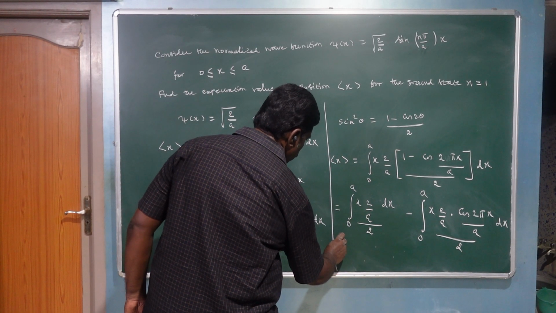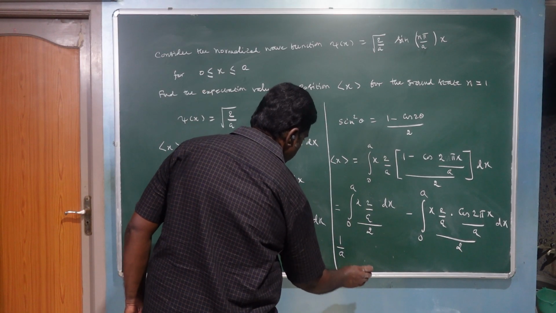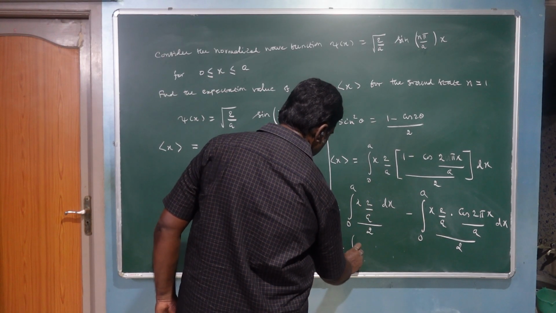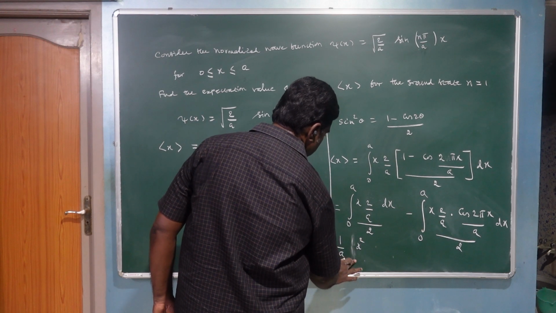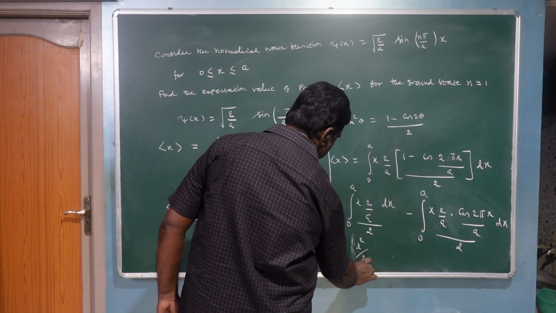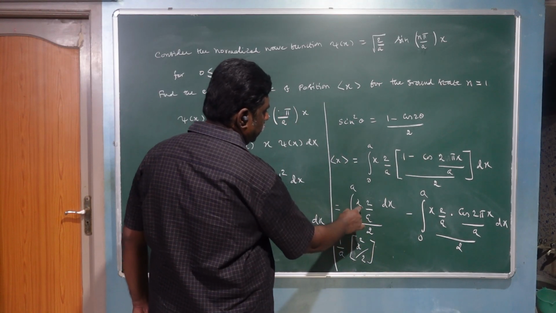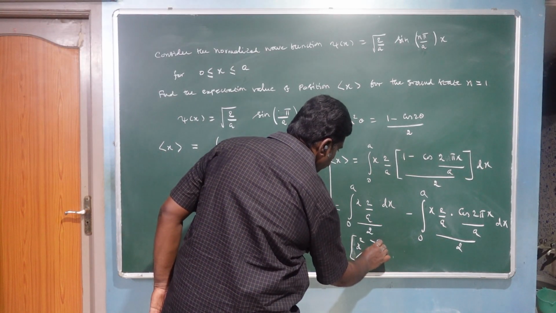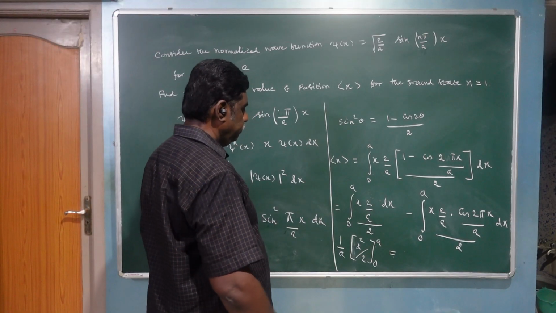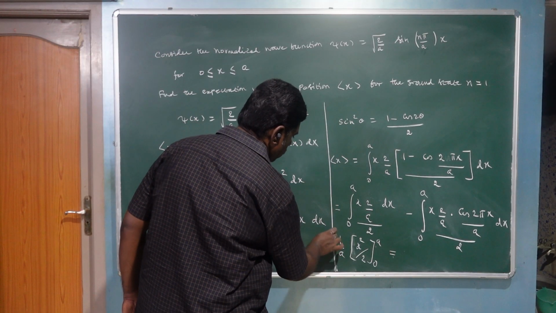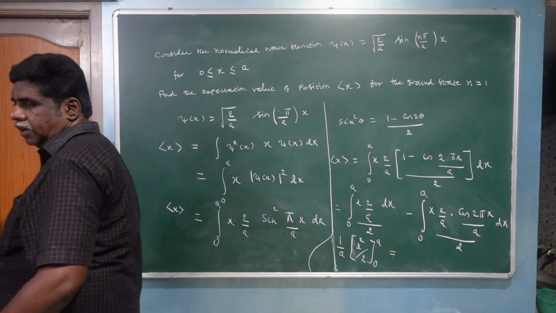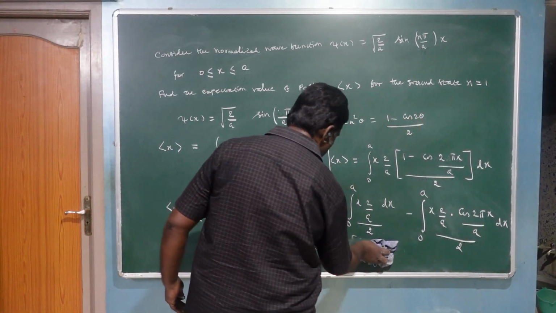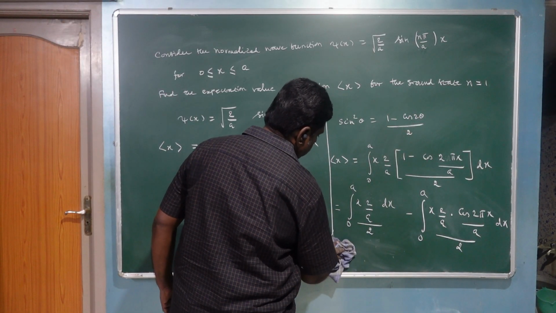See here, 1 by a, the 2 cancels, 1 by a times x squared by 2. If you integrate x dx, you get x squared by 2, then apply the limit 0 to a. Here also you may put the equal to symbol, or it may be confusing. The problem is inadequate space.